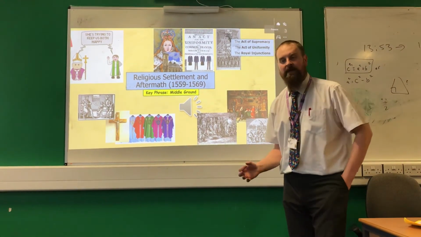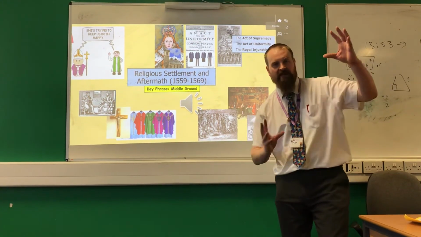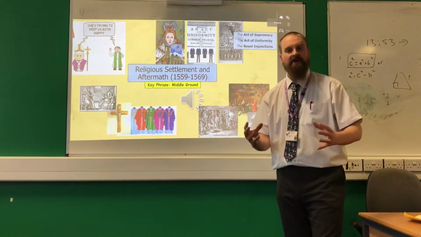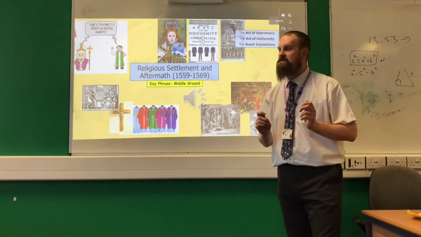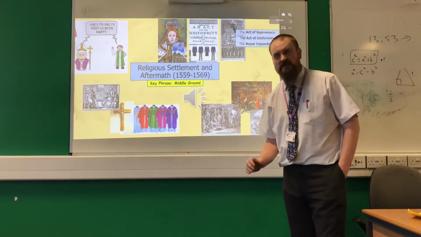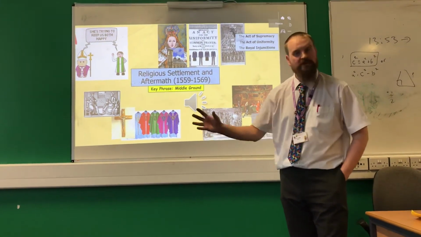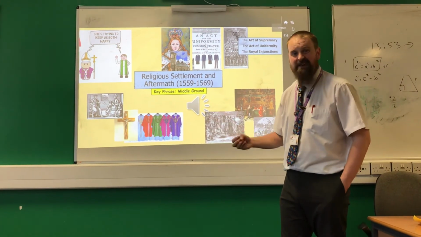They rebel, they hold a big Catholic mass at Durham Cathedral, and loads of Catholics in the north of England join them. They start to march south, but Elizabeth is in a much stronger position. Most of the nobility stay with Elizabeth and don't join this rebellion. So the rebellion gets pushed back and they have to run away.